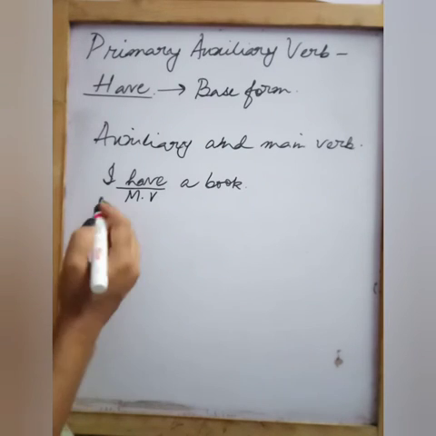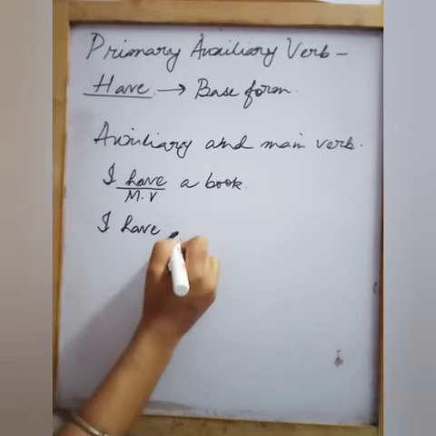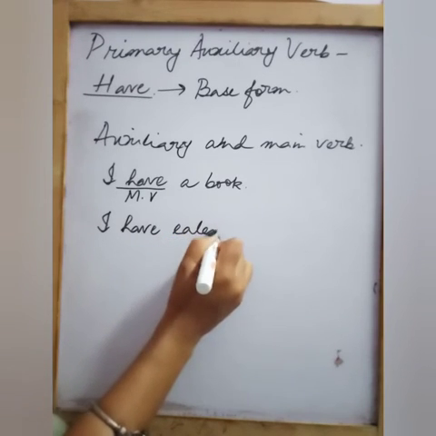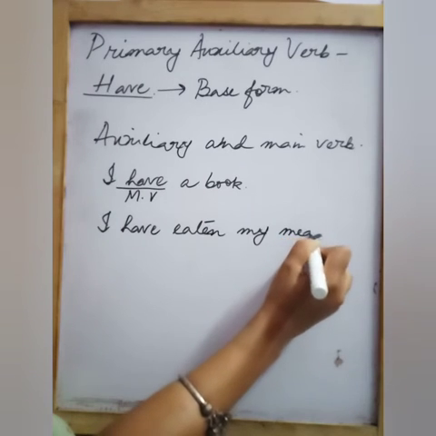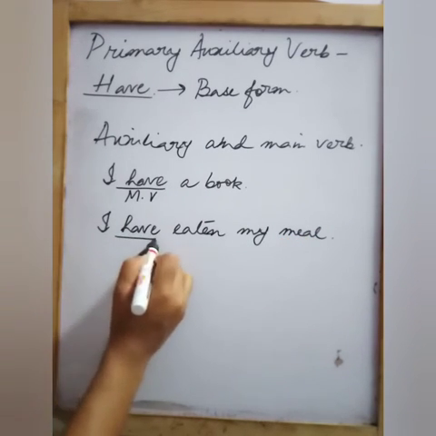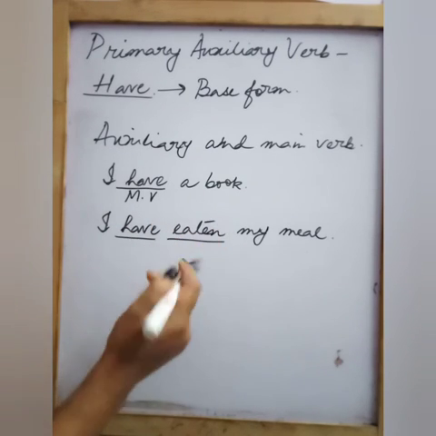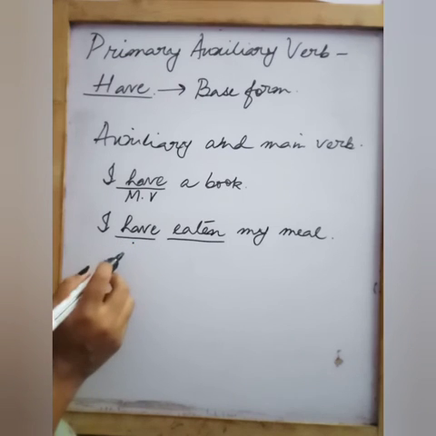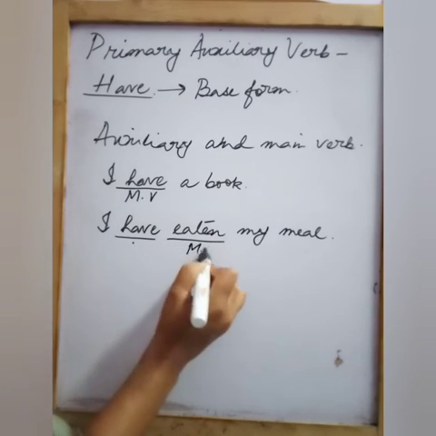Now if I say I have eaten my meal. See now, I am using have. This is one verb. Eaten, another verb. So here have is being used as an auxiliary or helping verb because it is being followed by the main verb eaten.